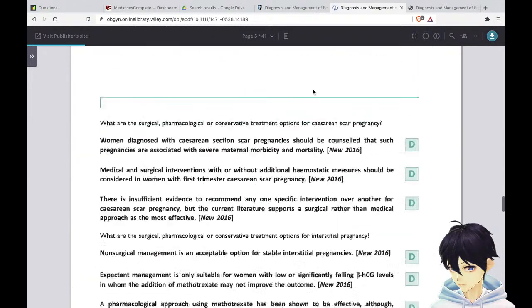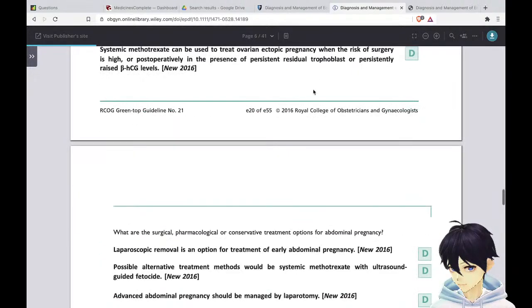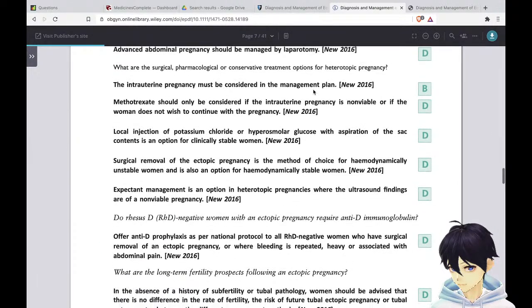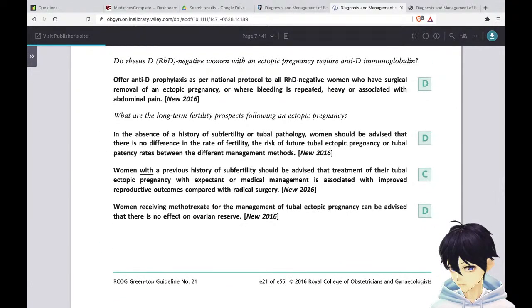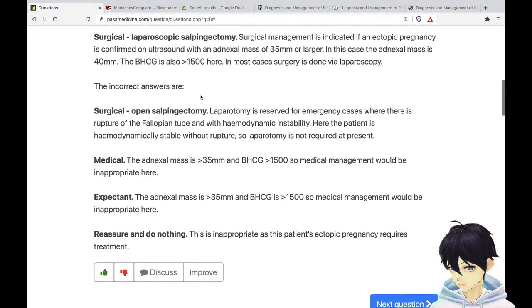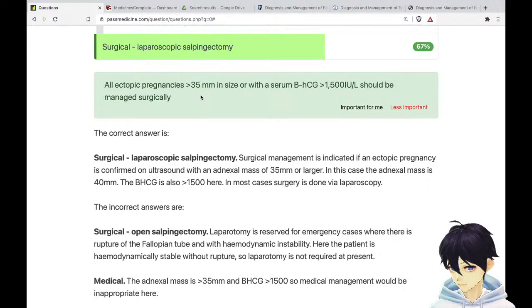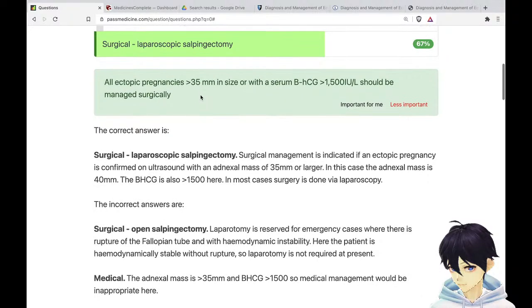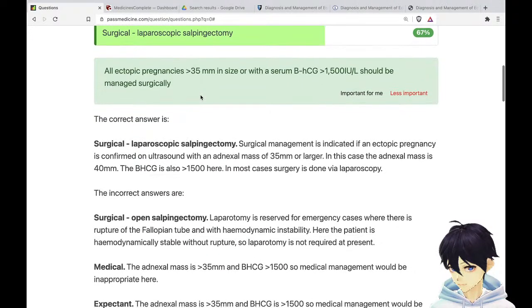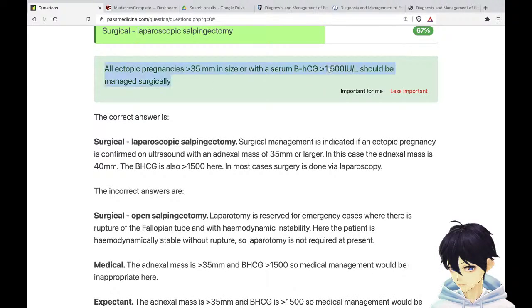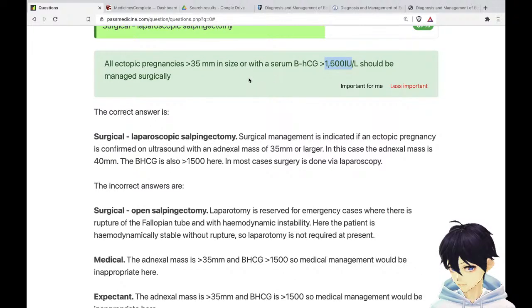Too many words. Just remember that more than 1,500 units, you manage surgically.